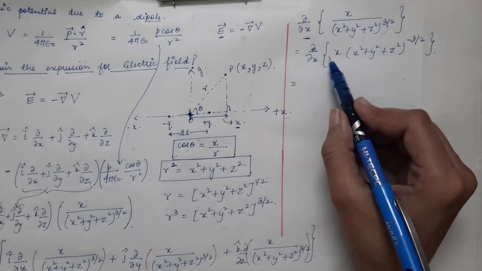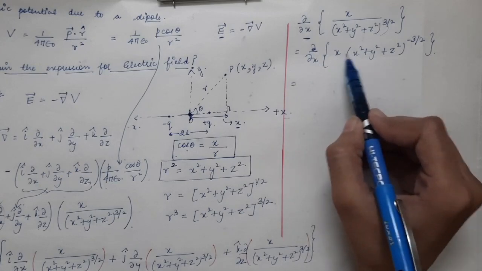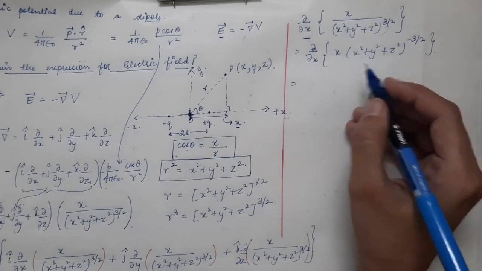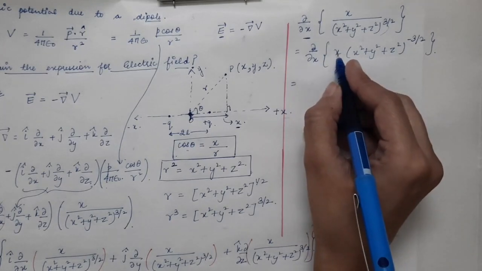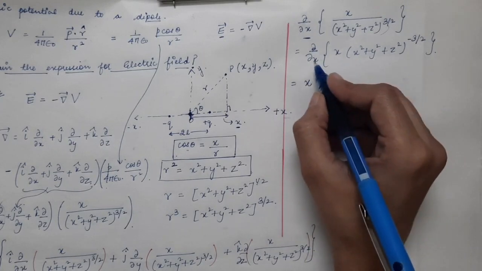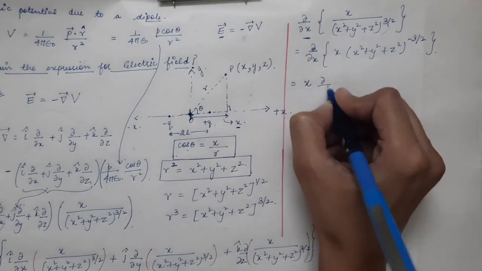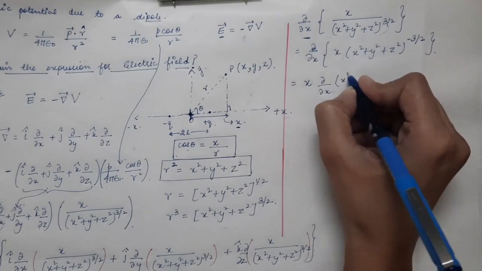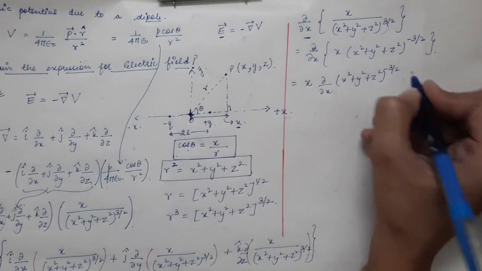We have to use the formula of derivative of two functions which are multiplied. So the derivative of two functions which are multiplied is equal to, first of all, first function will remain as it is, that is x will remain as it is. Then you have to do the derivative of the second, which is x square plus y square plus z square power minus 3 by 2.